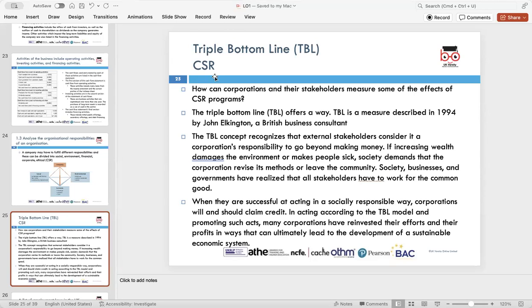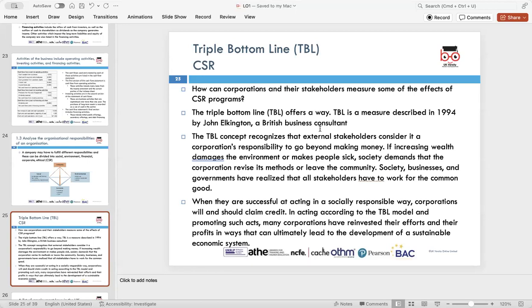What methods are available for firms and their stakeholders to assess the impact of CSR programs? Triple bottom line provides a means of approach. The TBL is a measurement that was first described by John Elkington, a British business consultant, in the year 1994.